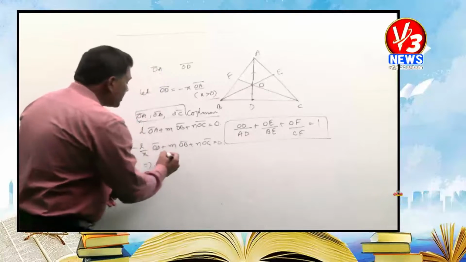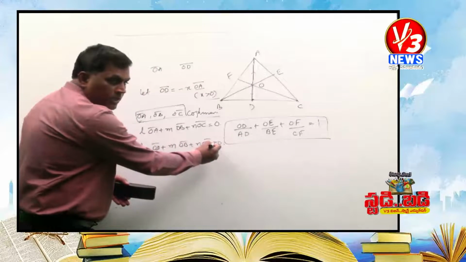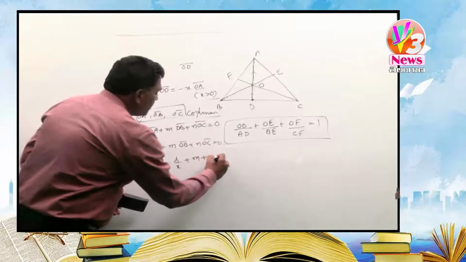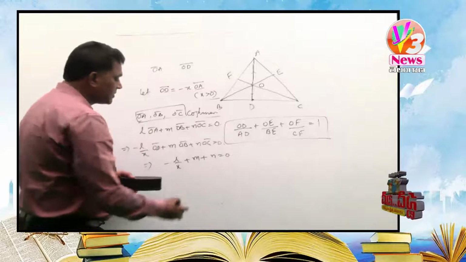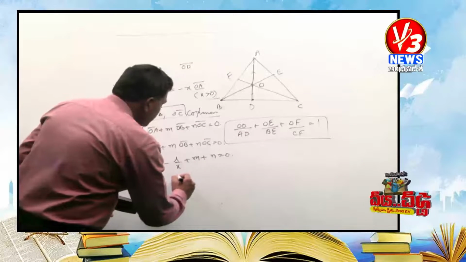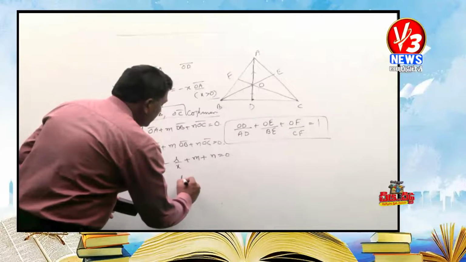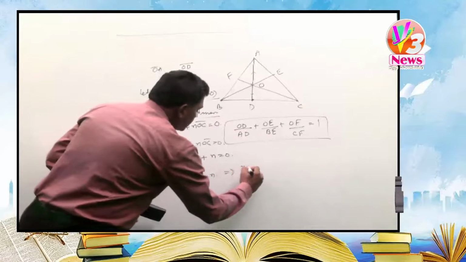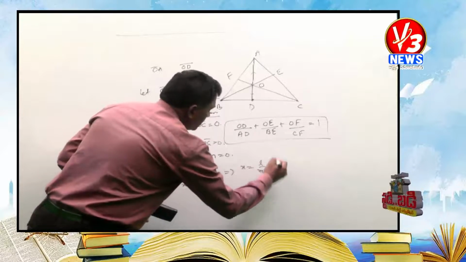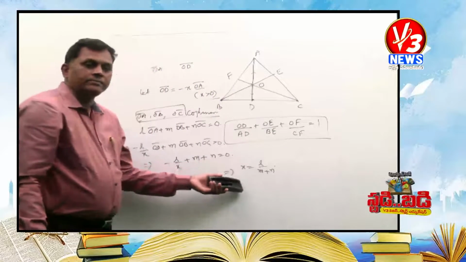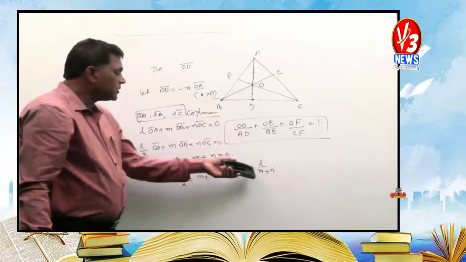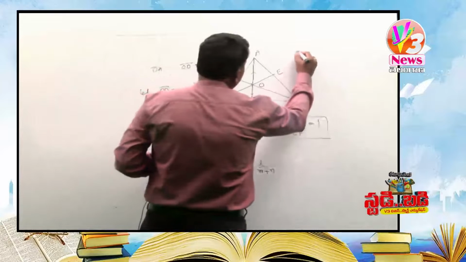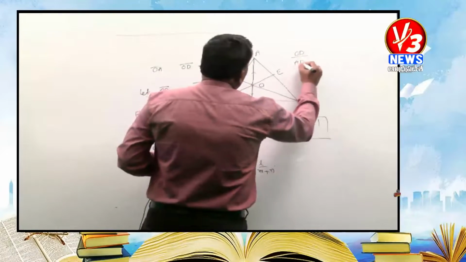Because D, B, C are collinear, we get the condition minus L by x plus M plus N equals 0, or simply L by x equals M plus N, so x equals L by M plus N. So we have proved that x equals L by M plus N. Now, we require OD by AD.